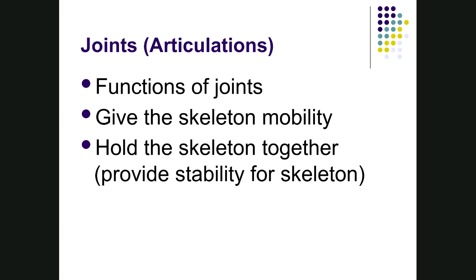But a secondary function is to hold the skeleton together, because when you have a joint, you're going to have a separation of bones, and so you have to hold them together, or at least in close proximity. So another function is to provide stability for the skeleton. So two functions, mobility and stability.